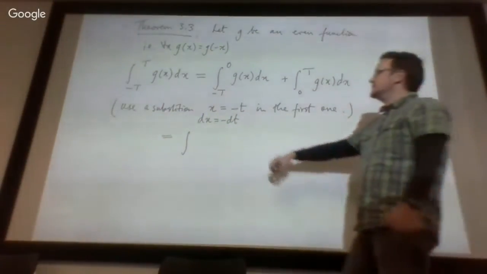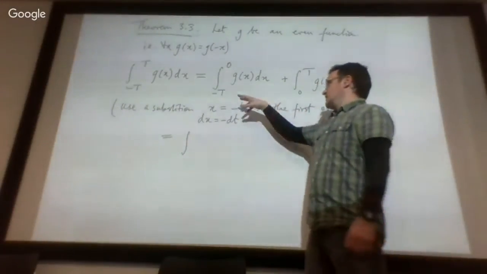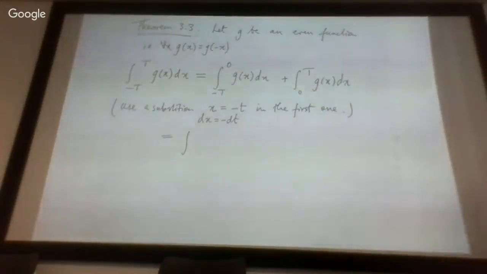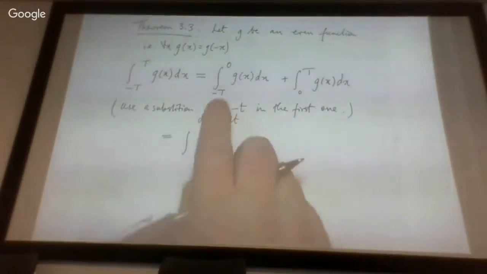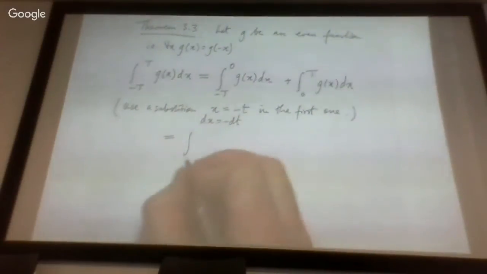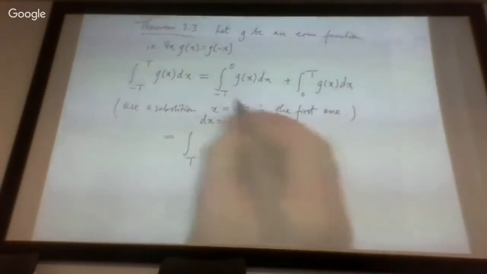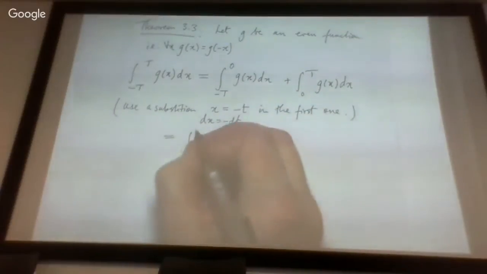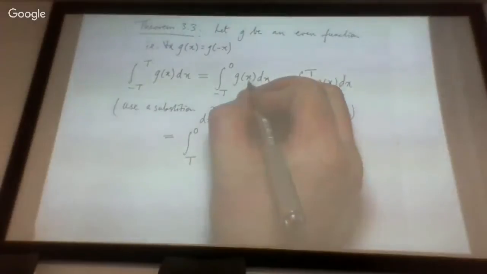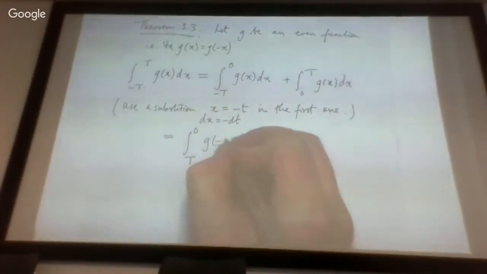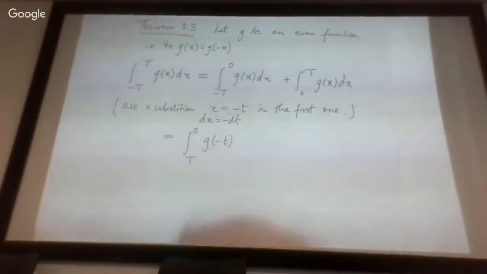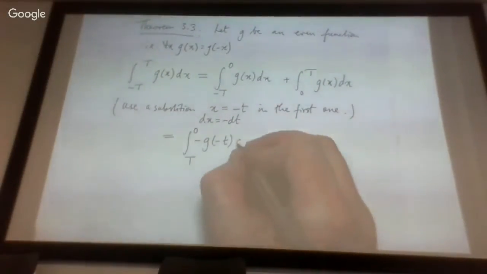That's good. My world was falling apart there because I could see it wasn't going to work, but I'd forgotten this minus sign. Minus t up to 0. So when x takes on the value minus capital T, little t, of course, takes on the value plus t. And when x takes on the value 0, little t is, of course, 0. And so I have to replace x with minus t, so this is g of minus little t. And dx here is equal to minus dt, so I get minus dt.